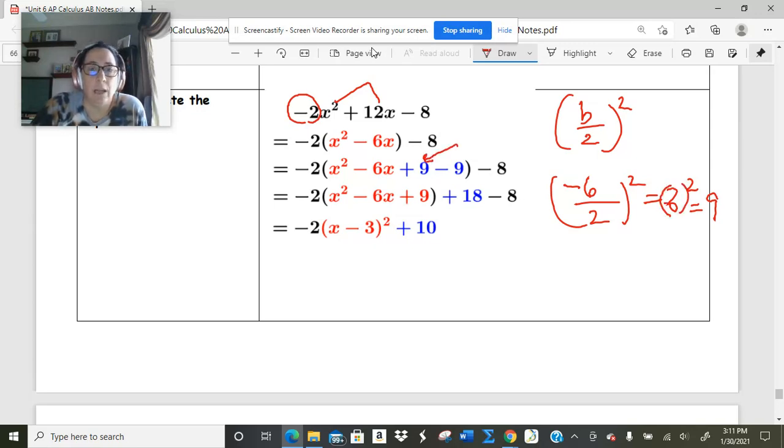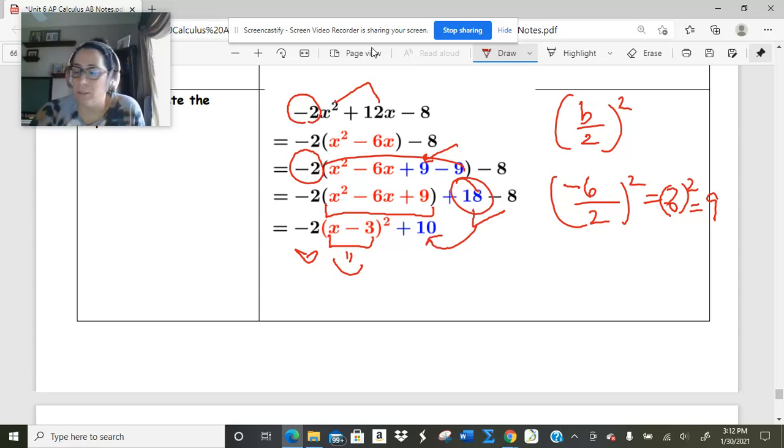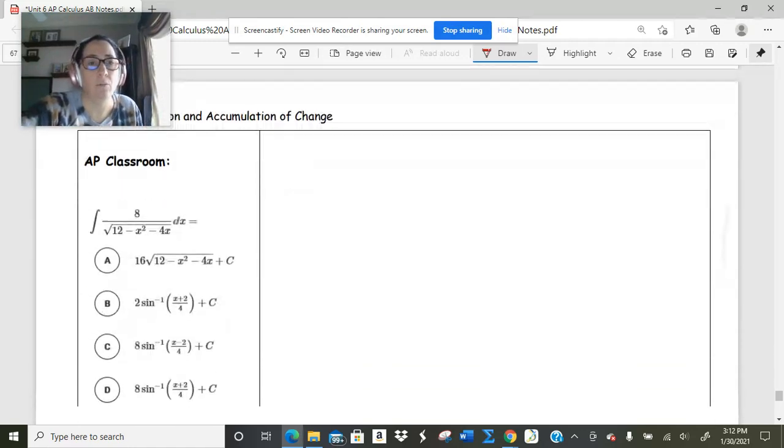So I know I need a 9. So I also have to do a minus 9 to balance it, and then I'm going to multiply it by whatever that coefficient was and take it to the outside. Now I can write that as a perfect square. That is the goal, that I combine these two to the outside. So this is an Algebra 2 concept. If you need more help, then we can practice together. Let's go see how we need to see it.